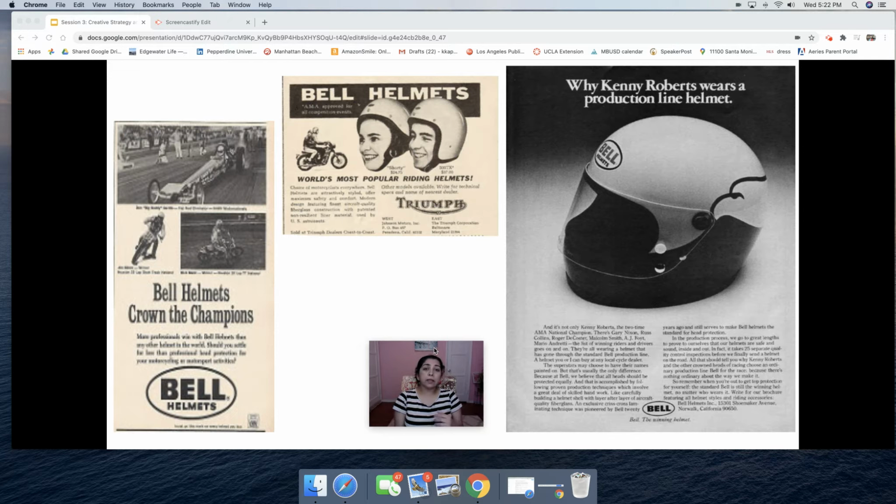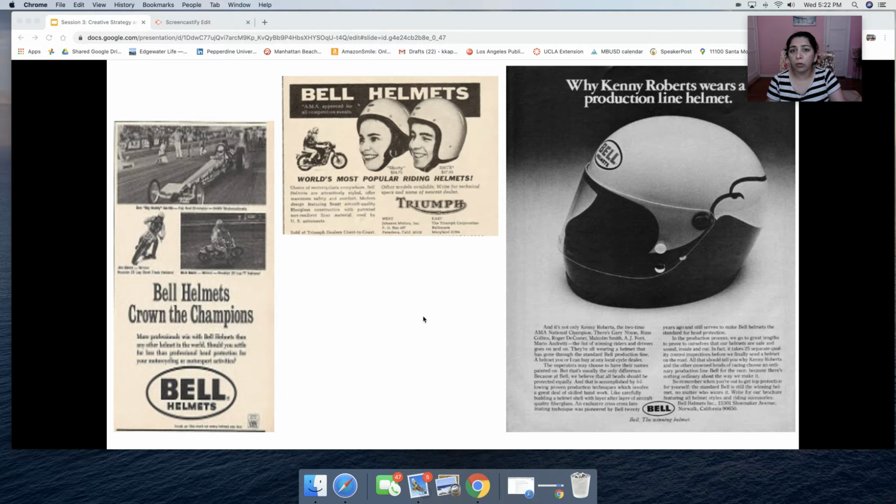Racers. And what you're seeing is some of the really old ads where they were just so popular, and they did extremely well. All of these top, like Kenny Roberts, for example, is a well-known biker. He wore this and he's been one of their celebrity consumers for a long, long time.